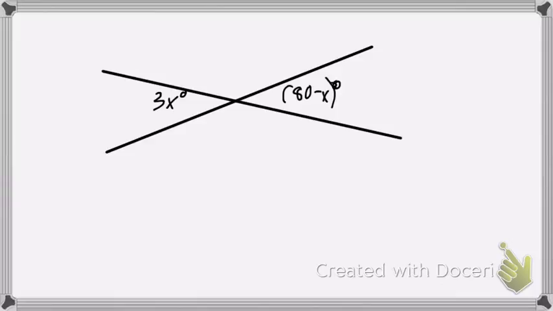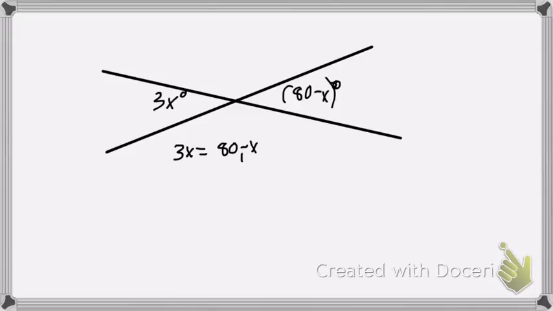Now, as we went over with the vertical angle theorem, vertical angles are congruent. So these two angles are congruent. What does that mean? It means the measures of their angles are equal to each other. Again, congruent angles have equal measures. So here, we can go 3x equals 80 minus x.